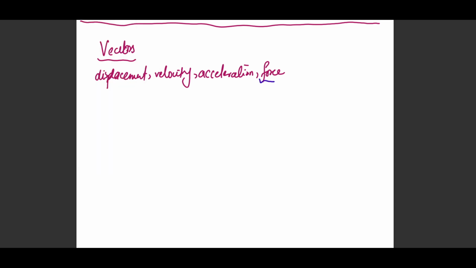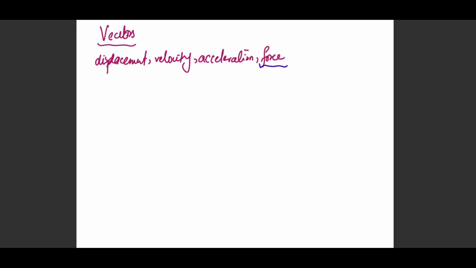Let's talk about force, as this is the easiest one to visualize when understanding vectors. Let's say we have an object placed on the floor like this, and a force acts on it in this direction, of 50 newtons. Because of this force, the object will slide along if it overcomes the friction.